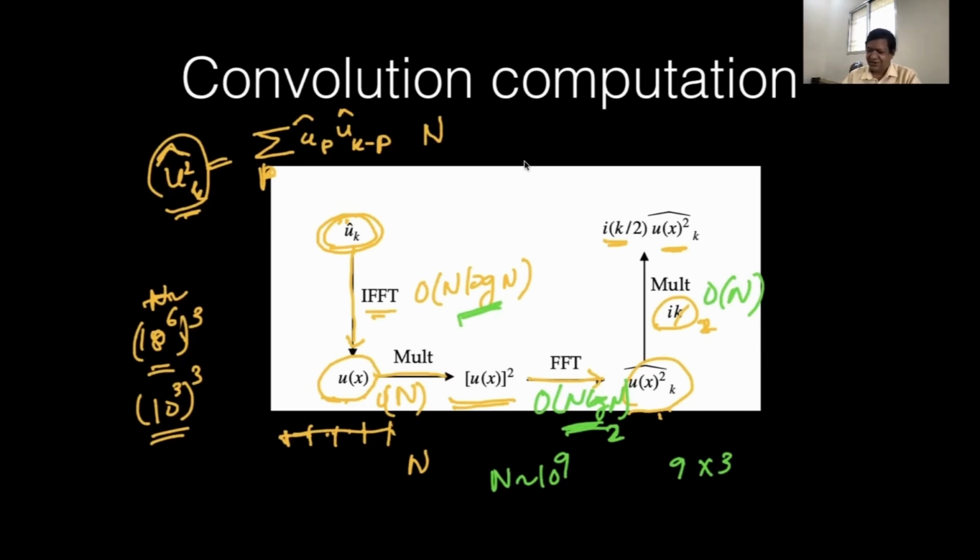So we compute the Fourier transform of the nonlinear term using the fast Fourier transform. The convolution is not computed. We use the Fourier transform to compute the nonlinear term N_k. So this is required.